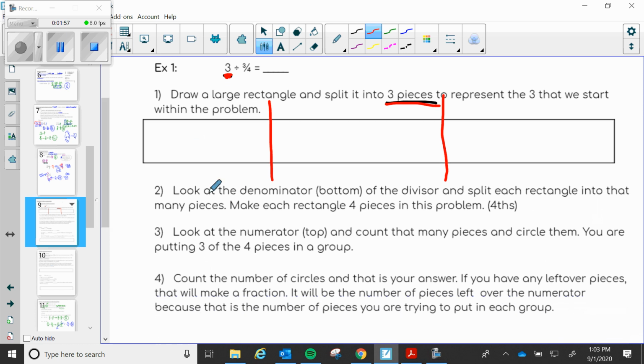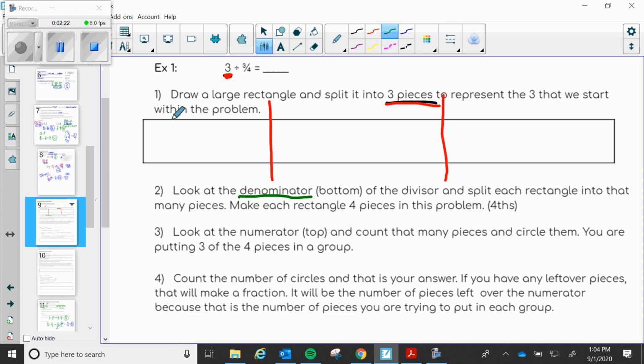My second step is to look at the denominator of the divisor. So the divisor is the second number in our problem. So we're going to look at the denominator and then split each rectangle, so we have 3 rectangles now, into that many pieces. So our denominator here is 4.